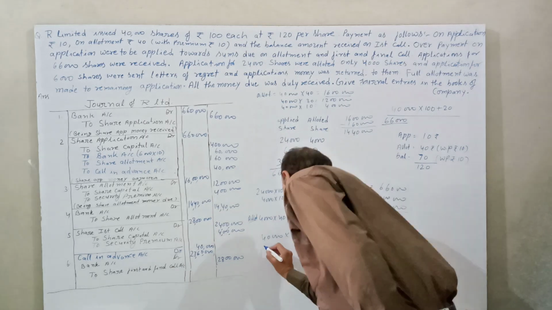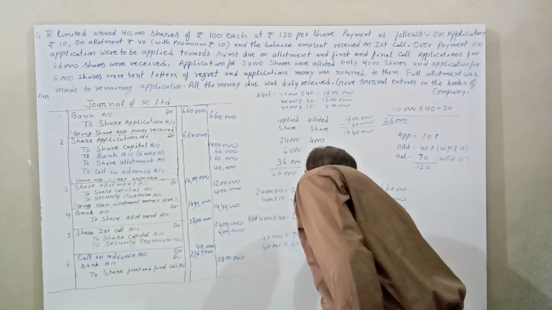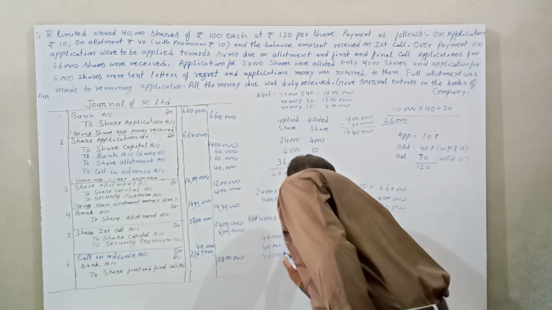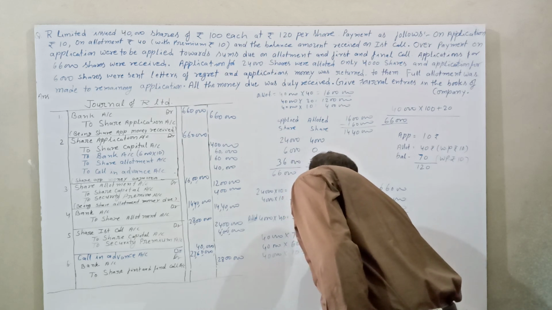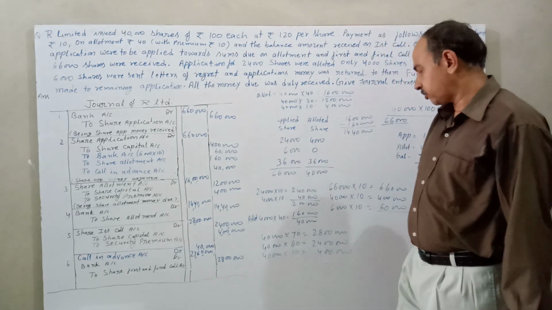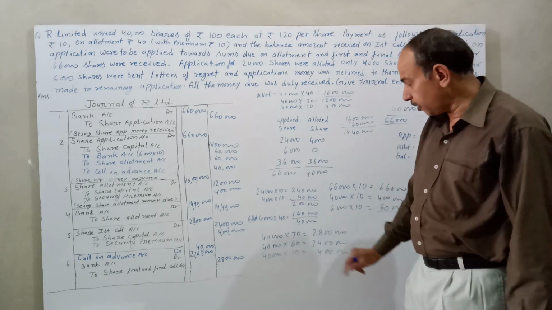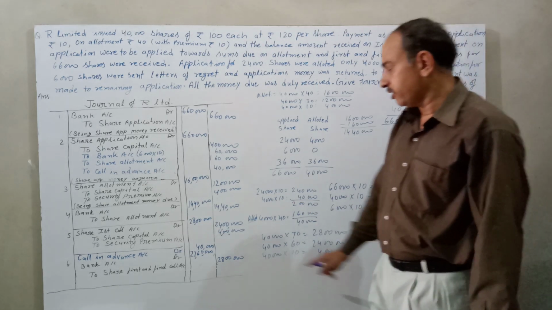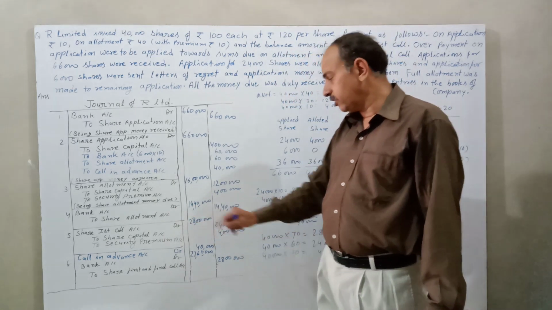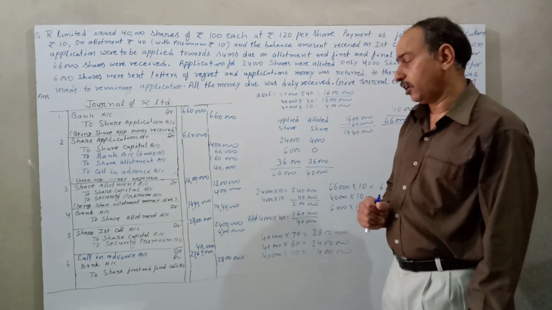The share capital is 40,000 multiplied by 60, equal to 24 lakh, and 40,000 multiplied by 10, equal to 4 lakh. Out of 28 lakh, 24 lakh is the capital amount and 4 lakh is the security premium amount.